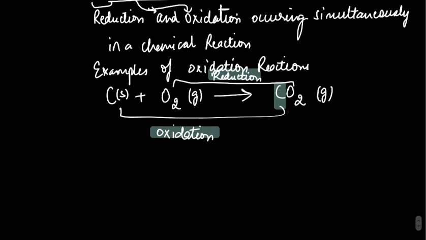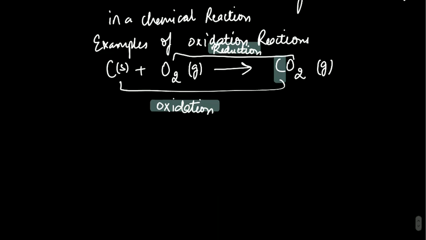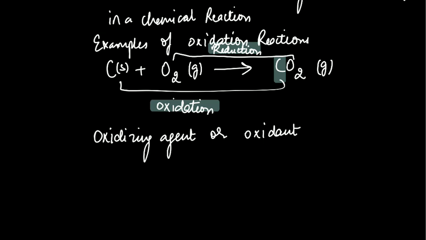And with this example, let's try to define another thing, something called an oxidizing agent, or we even call it an oxidant. Now we can have a lot of fancy definitions, but we need to remember the simple meaning of this definition, what an oxidant is, what is the oxidizing agent.